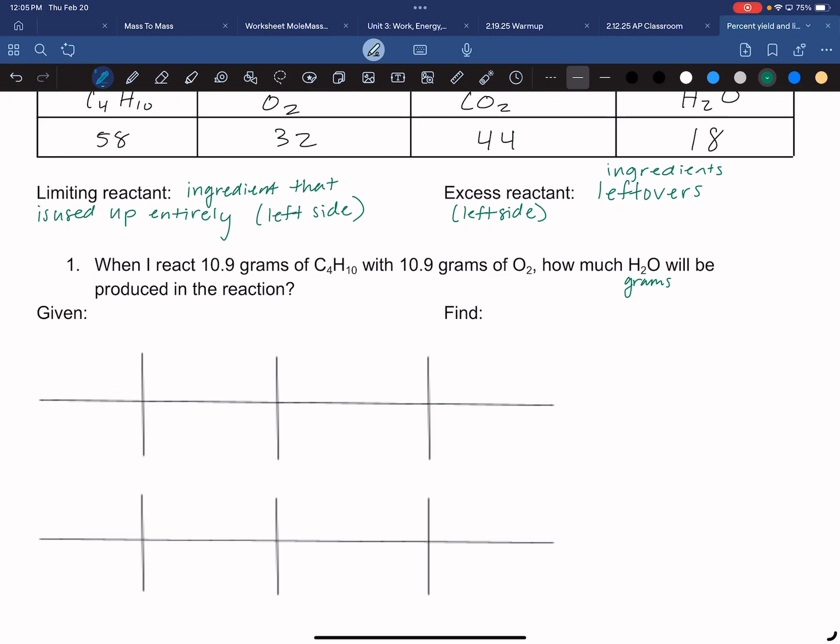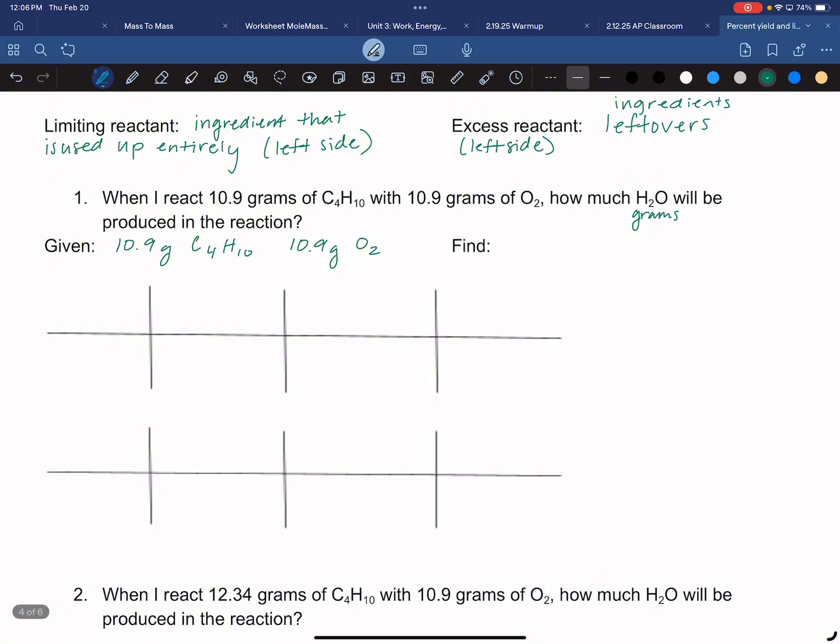Of C4H10, but don't we have another given? Yeah, and that's grams of O2. So we're going to have to use both numbers, but separately. We can't use both numbers in one T-chart. We have to separate it into 2 T-charts, which is why you see 2 down here. So what are we trying to find? The H2O, exactly, in grams.